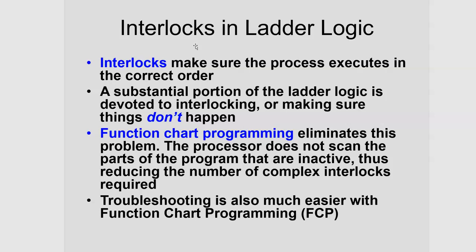So interlocking turns out to be very important, and a substantial amount of the logic could go to software interlocks. But with function chart programming, it's not an issue because the processor does not scan the parts of the program that are inactive. It doesn't need as many interlocks. In some cases, you can even eliminate the interlocks. And if you do have them, they're a lot less complex.